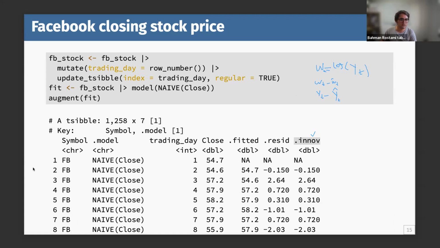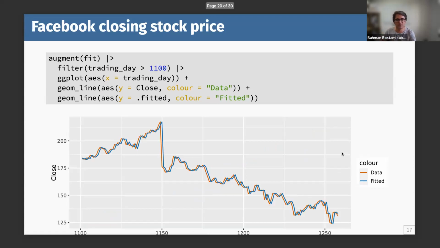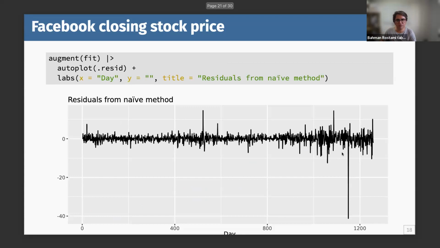All right, so let's close this. We can add the fitting to the data. As you can see, it's quite a good fit, very close to the actuals. And this is naive. We see how naive works: it just looks at the previous one. If you look at the residuals, here they are the same, so you could use either.